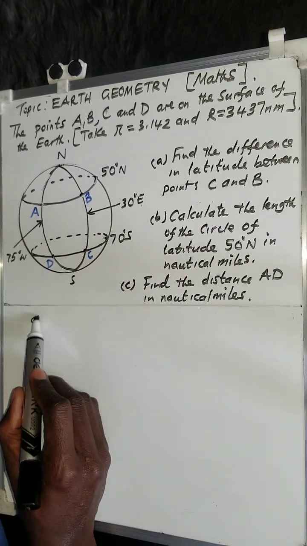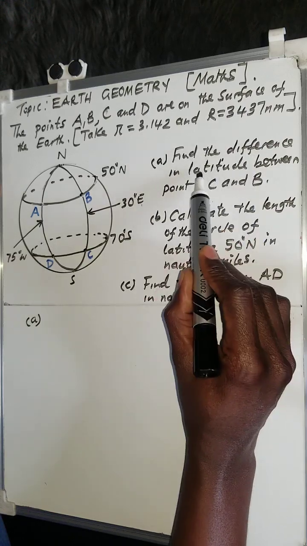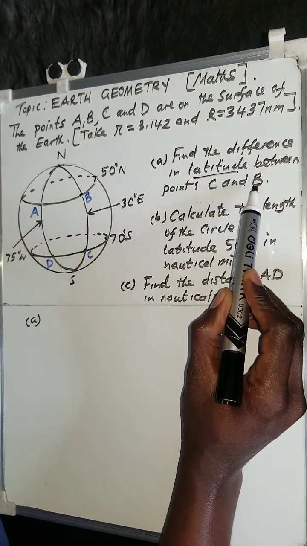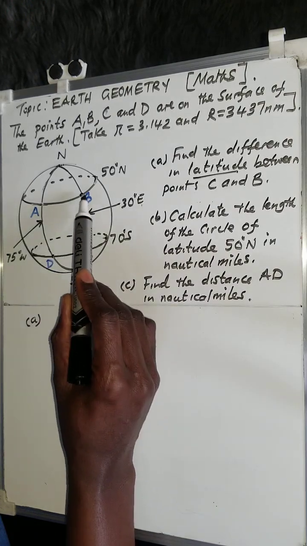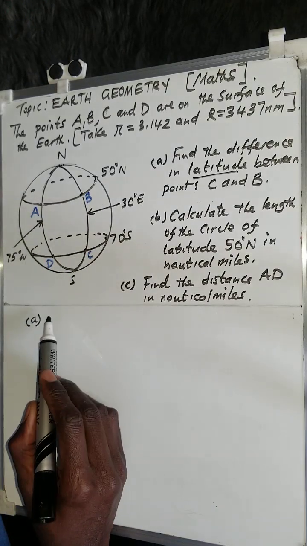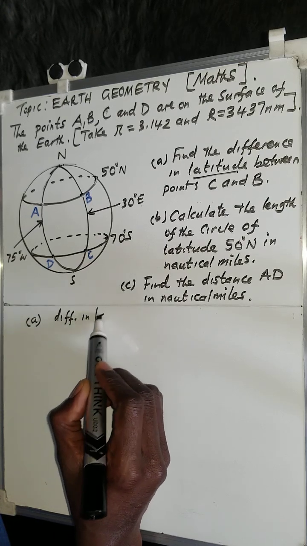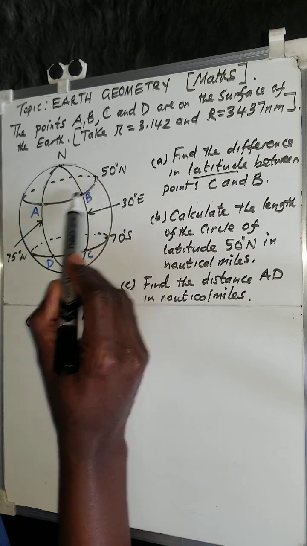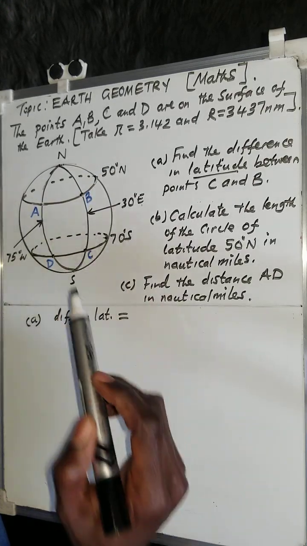Then the first part of the question says find the difference in latitude between points C and B. So remember, I'm going to say the difference in latitude. B is on the latitude 50 degrees north and C is on the latitude 70 degrees south.